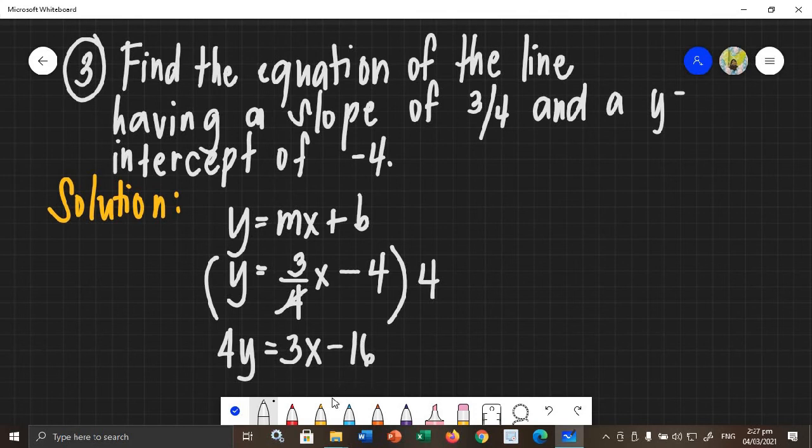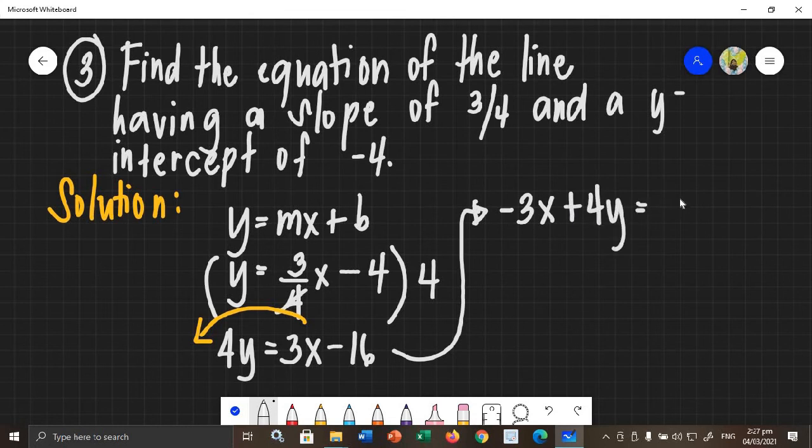Then, proceed tayo sa next step natin, which is to transform this equation into the standard form. So, ang kailangan natin gawin is to transpose yung may variable na x to the left side of the equation. So, transpose natin si 3x. It will become negative 3x, and then we have positive 4y equals negative 16.